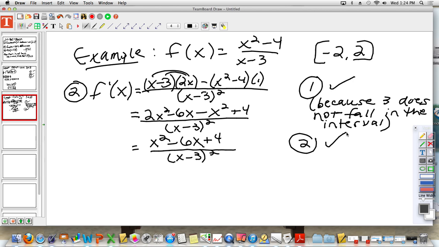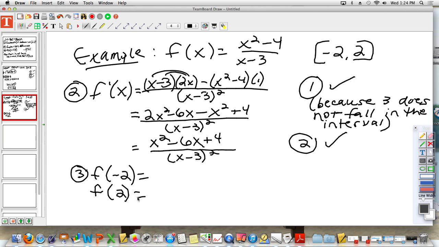Number 3, we got to figure out whether or not those endpoints work. So step 3 is that we need to figure out what is f of what, you guys? -2. F of -2. And then we also need to calculate f of 2. And do not check the derivative. You have to go back to the original function.